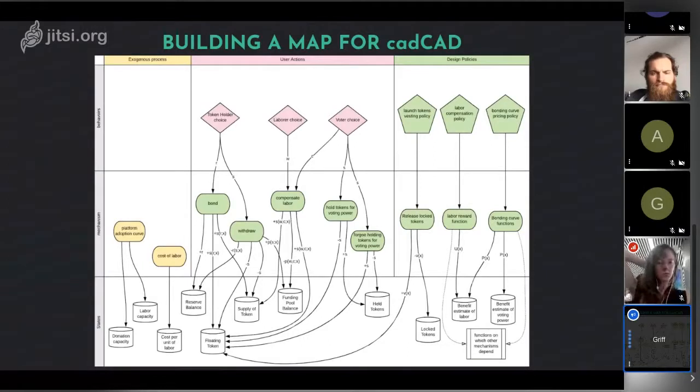And then what states of the system are changed by the mechanisms that were triggered by that behavior. And this system evolves based off of the state, right? And so we can have a state update that is consistent with agent behaviors. And this map specifically is really powerful for debugging processes in cadCAD.